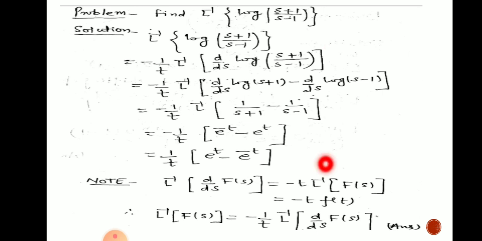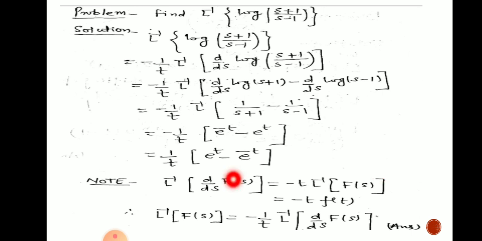Now look at here the basic formula of derivative. So here Laplace inverse of d by ds F(s) is equal to minus t Laplace inverse of F(s). Okay. So this term is equal to minus t f(t).